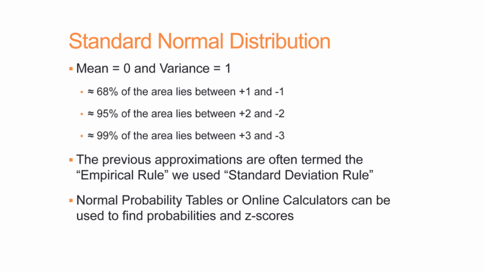Approximately 95% of the area lies between +2 and -2. Approximately 99% of the area lies between +3 and -3. You can find the exact probability using the normal table or online calculators.